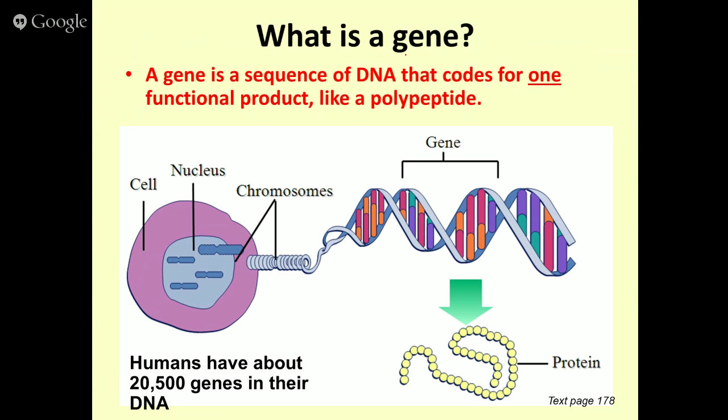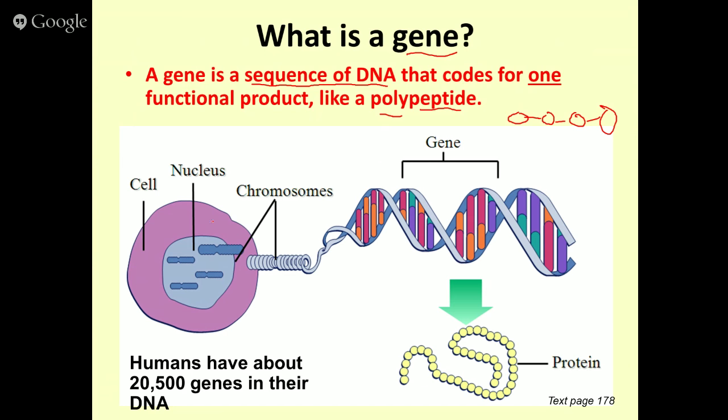So we mentioned there, what's a gene? A gene is one particular area on these chromosomes, and it's a particular sequence of DNA that codes for one functional product, like a polypeptide. Remember, a polypeptide is a chain of amino acids. Remember, if you want to build a protein, you get all your amino acids and you stick them together, and then that gives you the primary structure of your protein, and then you're going to fold it into the 3D structure after that.